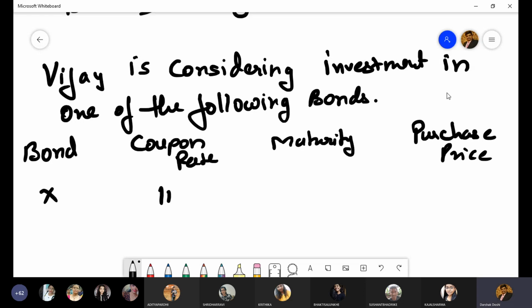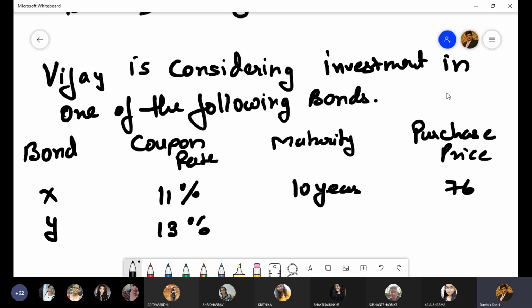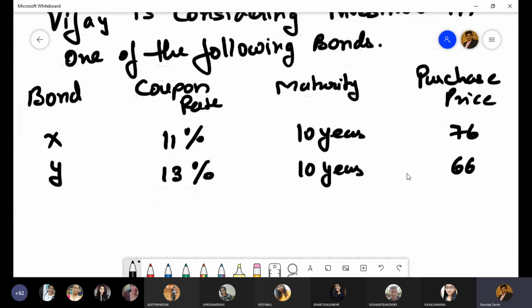Bond X: 11% coupon rate, 10 years, 76. Bond Y: 13%, 10 years, 66. Bond Z: 9%, 10 years, 50.